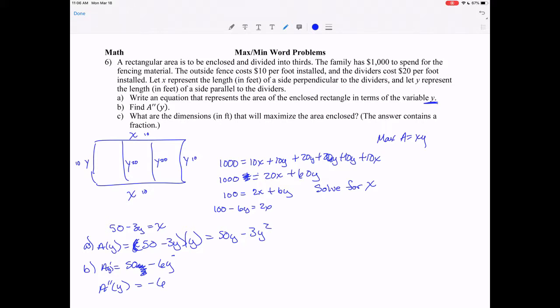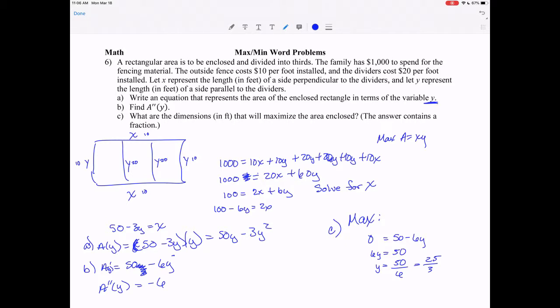Okay? And part C then says to maximize. So I'm going to go back to the first derivative and set it equal to 0. So I have 50 minus 6y, so then I have 6y equals 50. So y equals 50 over 6, which is 25 thirds.